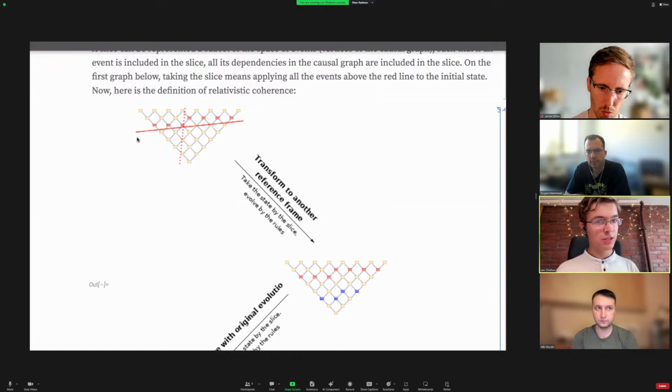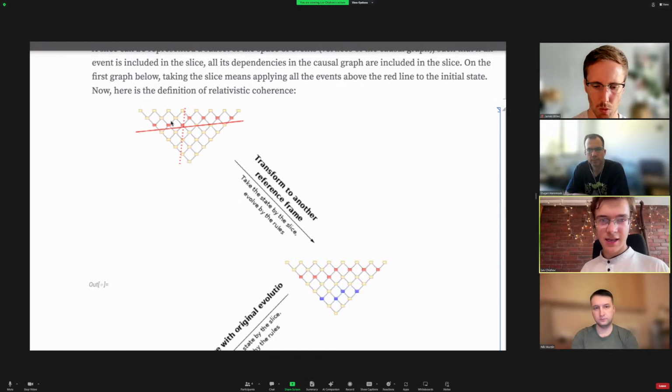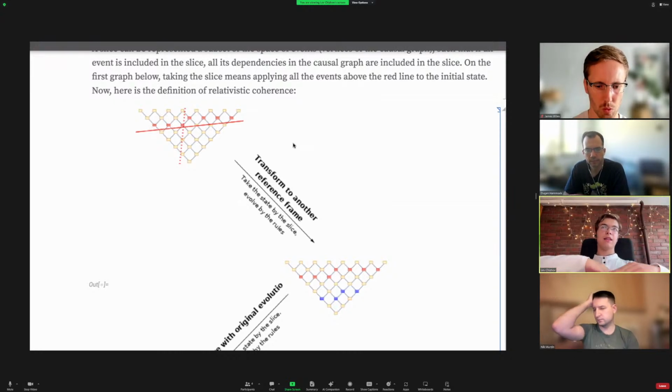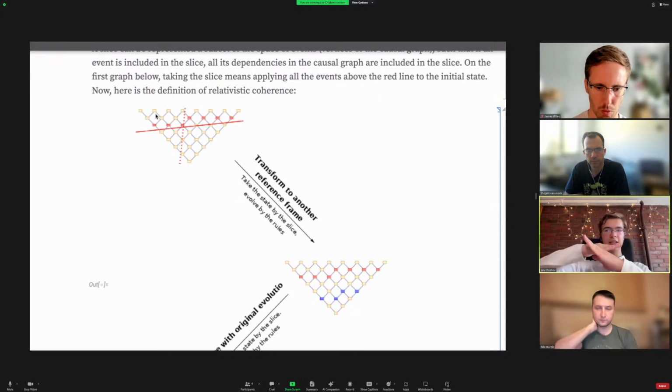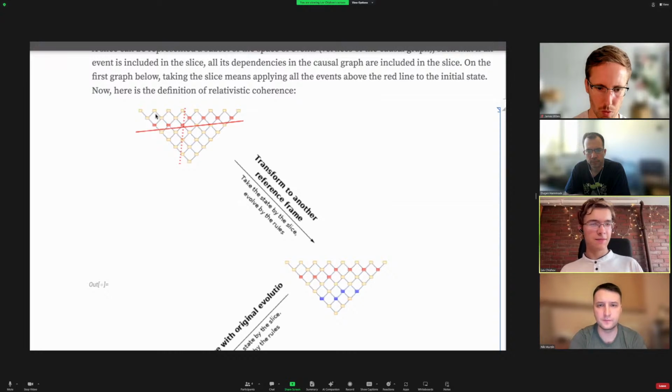Because in the Lorentz boost, this is a hyperplane in the Minkowski space, and then we have the horizontal hyperplanes in the Minkowski space, which correspond to the original foliation, and their intersection is going to be a hyperplane in the underlying space.